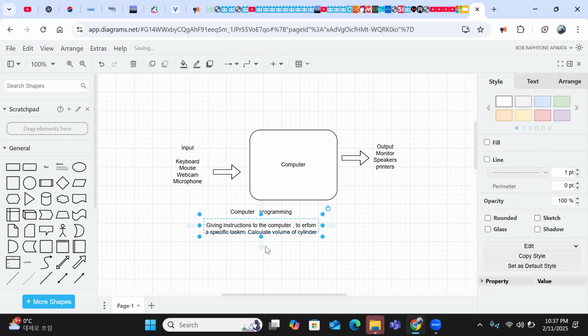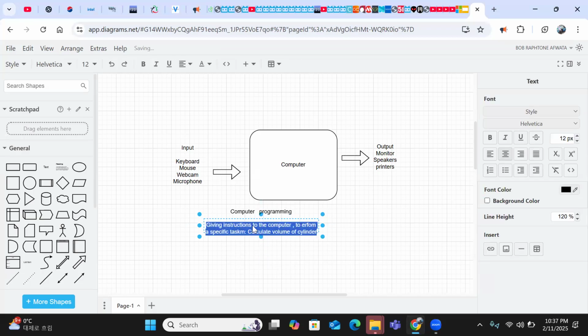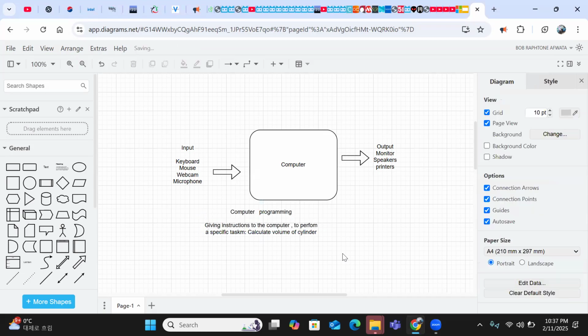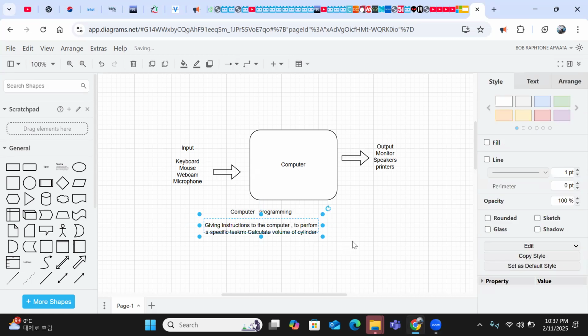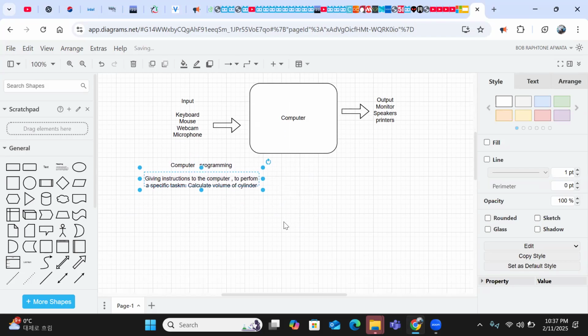So you have a certain computer, and you give it instruction. You tell it to calculate the volume of fuel or the volume of water that you are using. So that is what is called computer programming. Are we together, guys?